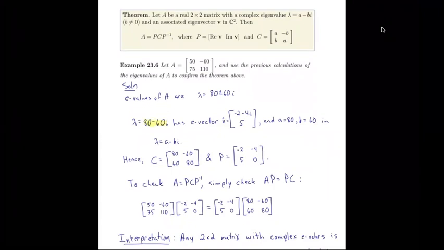So this eigenvalue has the eigenvector given here. a is equal to 80 and b is 60. So we fill in C per the formula in the theorem to get a, negative b, b, a, and it's 80, negative 60, 60, 80. And then P is the real part of v for the first column, so that's negative 2, 5. And then it's the imaginary part of v for the second column, and that's negative 4, 0 here.